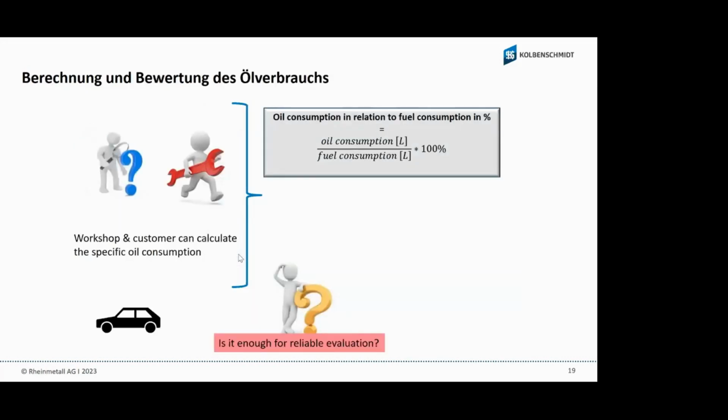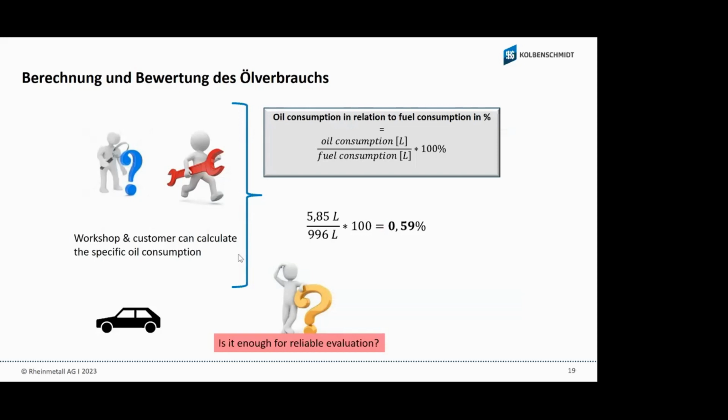When you check it and calculate the oil consumption exactly with this list, when you have it, then you are happy, and you say 5.85 liters of oil for 996 liters of fuel.